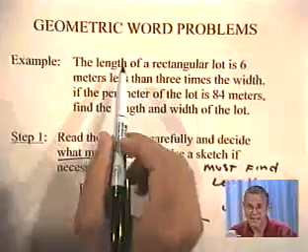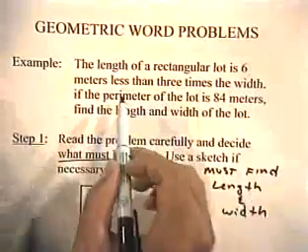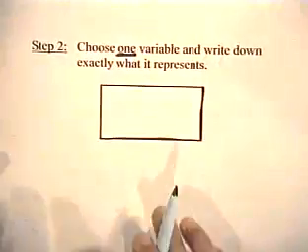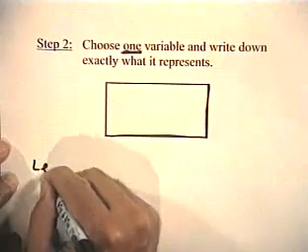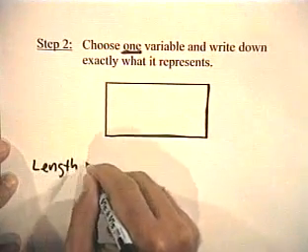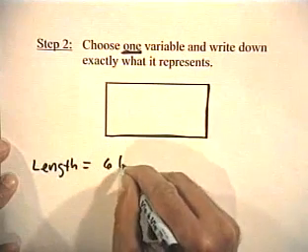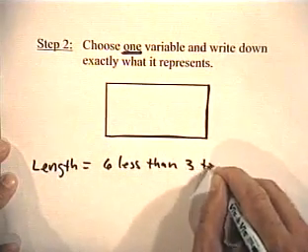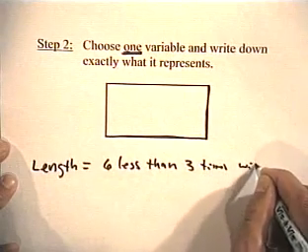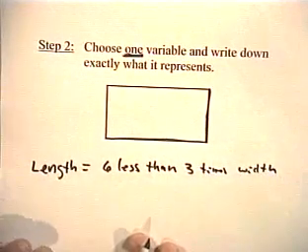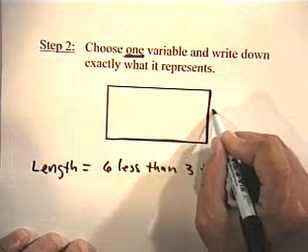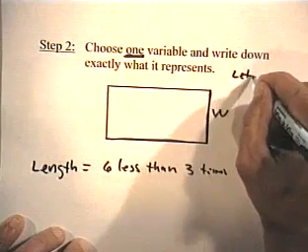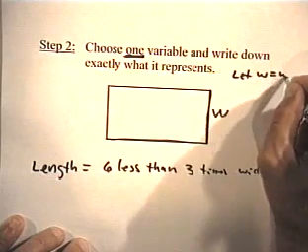it says the length is 6 meters less than 3 times the width. I'll write that down. The length was equal to 6 less than 3 times the width. Let W equal the width.